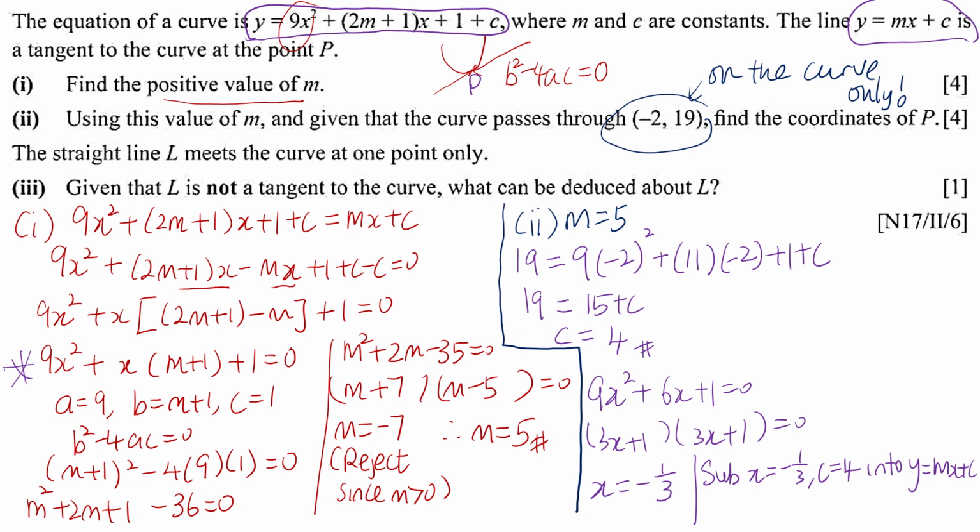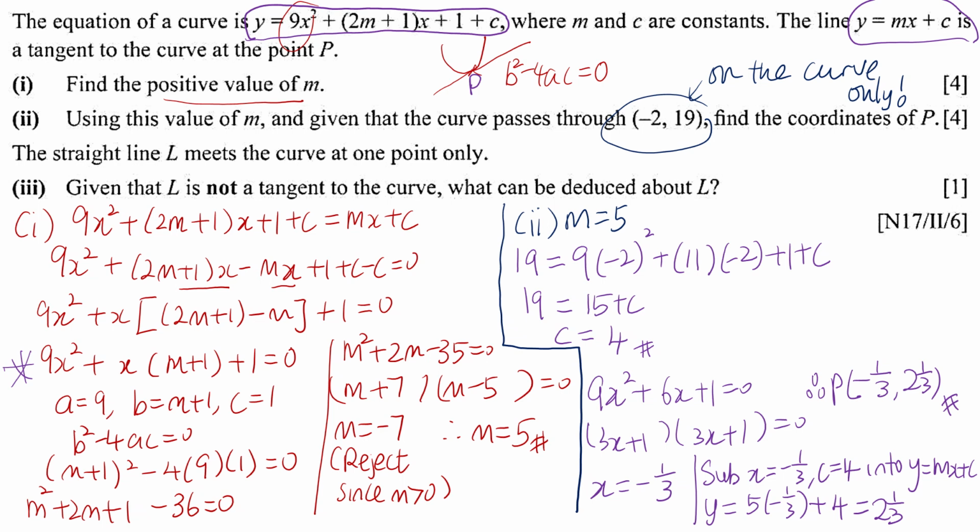So you will have y equals to 5 times negative 1/3 plus 4, and that gives you 2 and 1/3. So therefore your point P will be negative 1/3, comma 2 and 1/3. So that is part 2 of the questions.